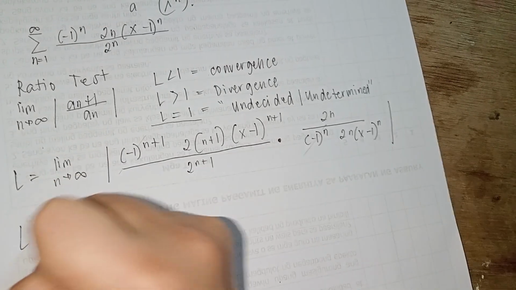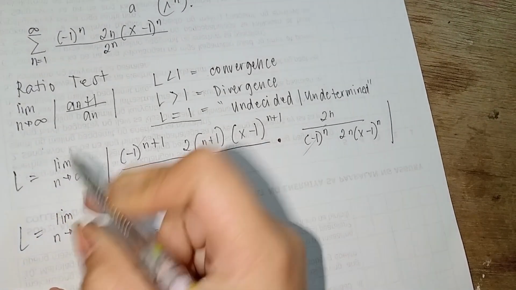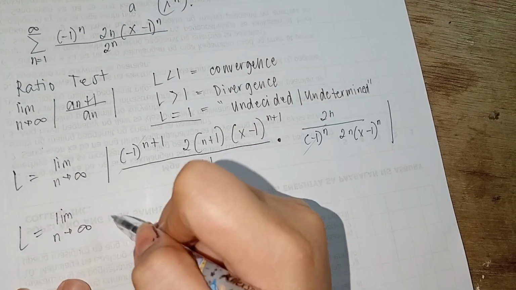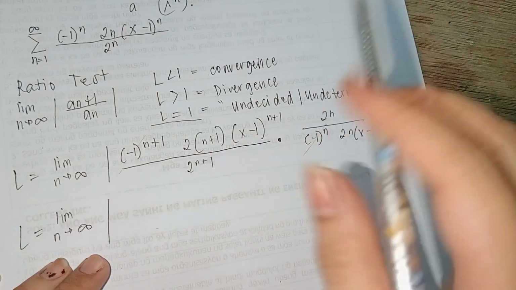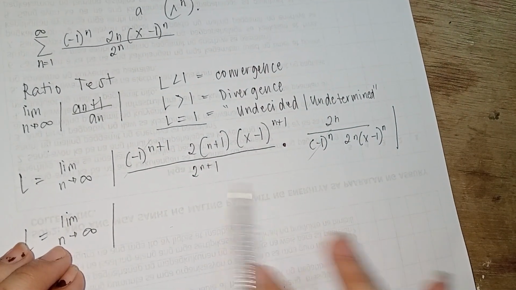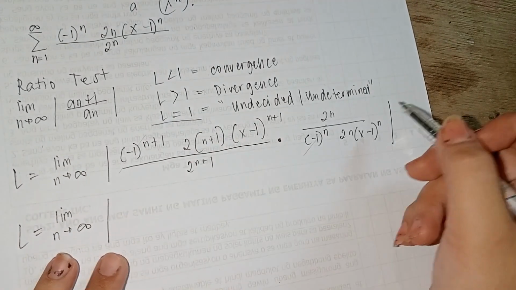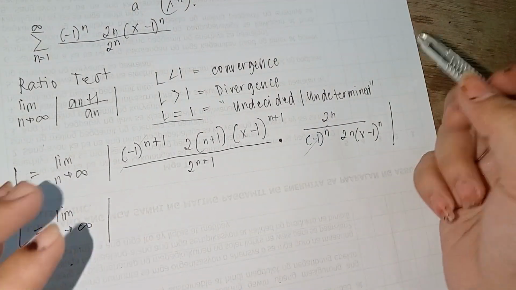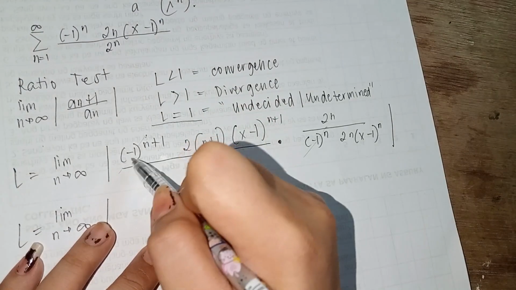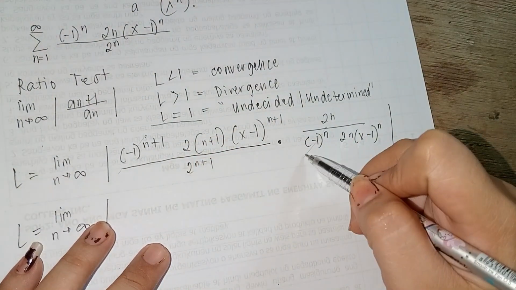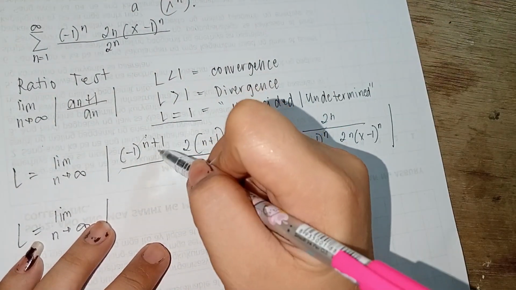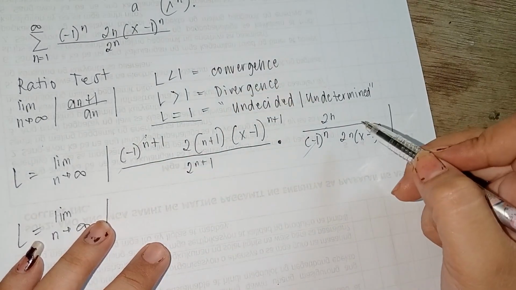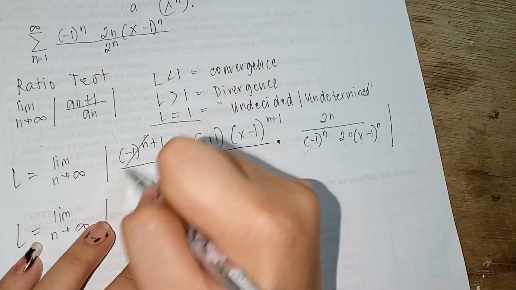So, we'll do L is equal to the limit of n approaching infinity. We're only simplifying, we are not yet taking the limit. We simplify using the cancellation. The first thing we cancel is the negative 1 raised to n plus 1 and the negative 1 raised to n. Since we still have plus 1 here, we remove that.